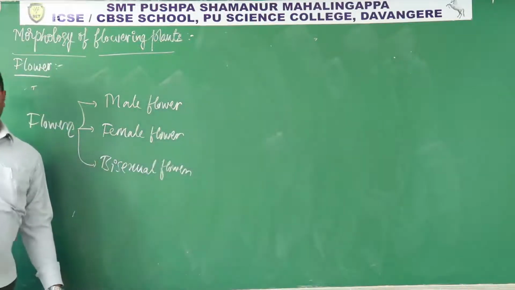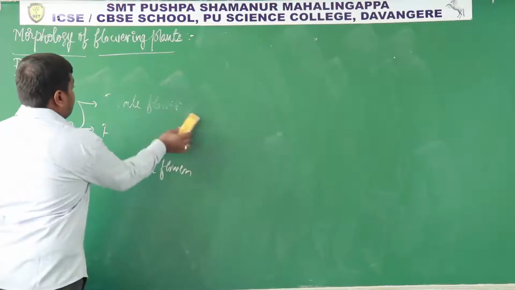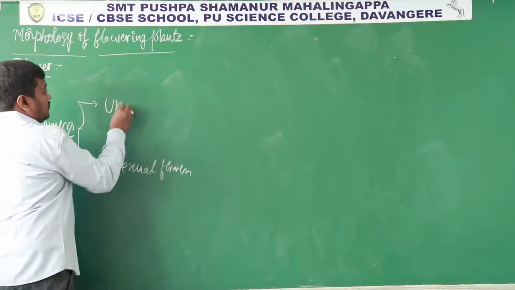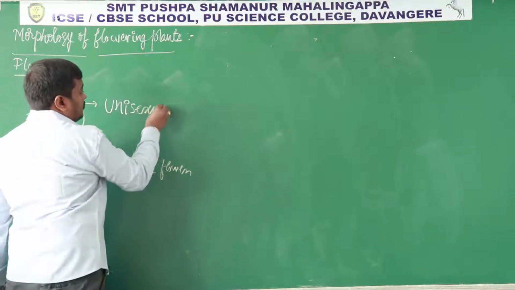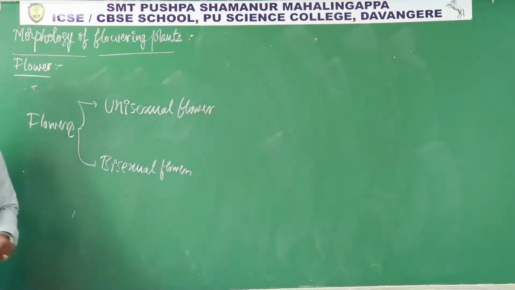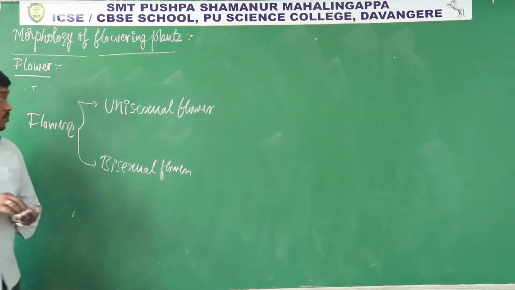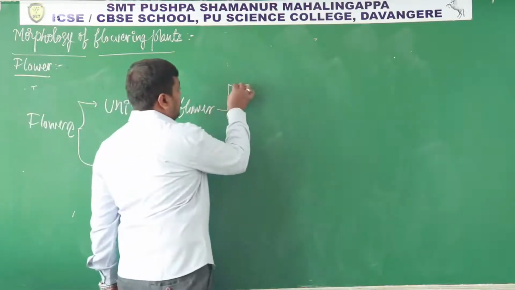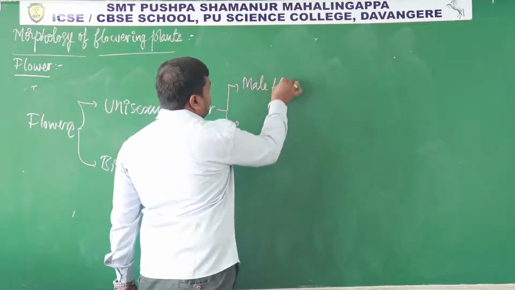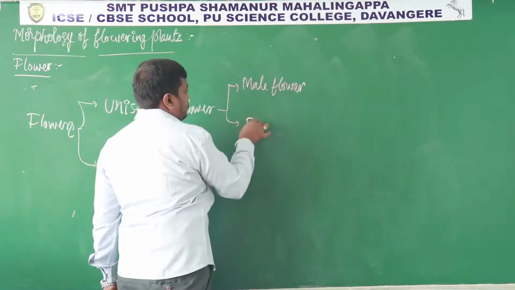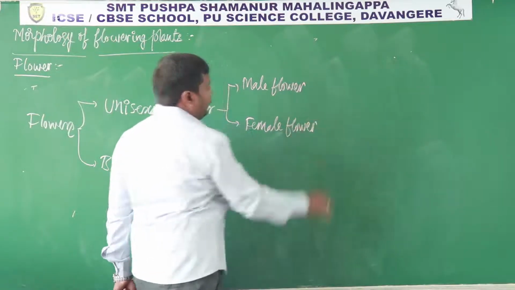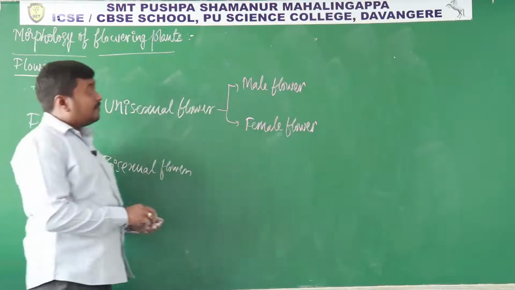Let me divide it into a simple category first: bisexual flowers and unisexual flowers. So flowers may be unisexual or bisexual. Unisexual means it can be of two types: male flower and female flower.